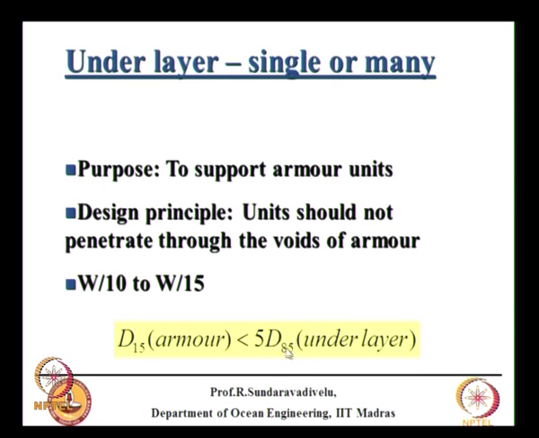D85 means 85% will be going out. So we have to have D15 less than 5 times D85. The point is clear now, 50-50 is clear to you. D50 means if you have a sieve of aperture size D50 and you pour the sand particles, 50% will be retained and 50% will go through. D15 means 15% will go through, 85% will be retained. So this is what we have to do.